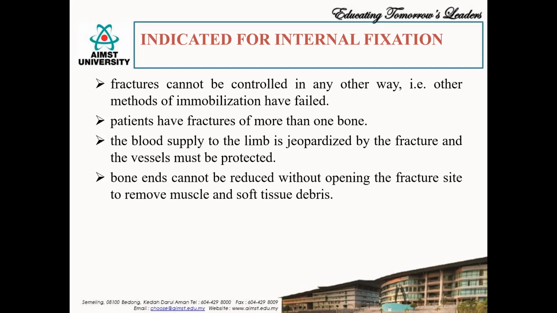Some fractures cannot be settled by closed reduction. It may be displaced so far that you cannot get it to the point of alignment, right? So in that case also, if you need to correct it, open reduction is the only way.